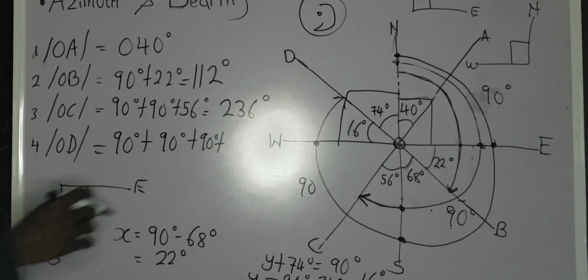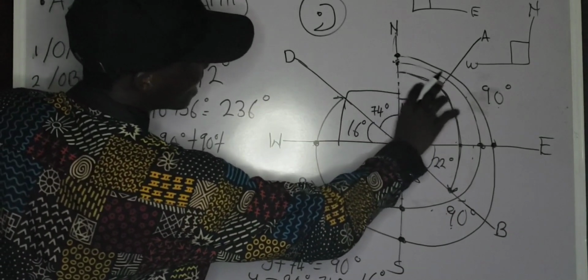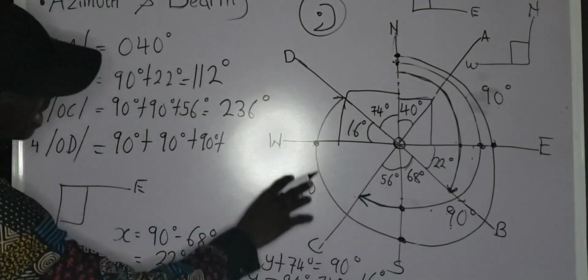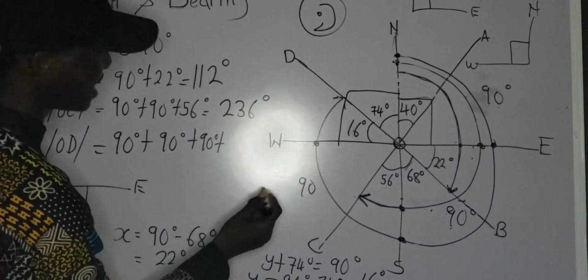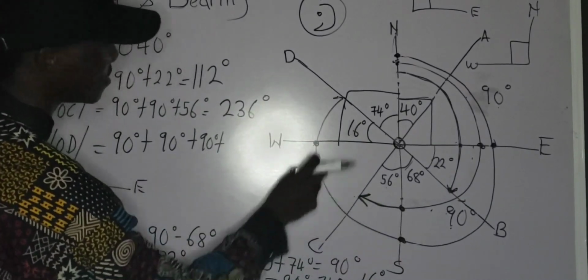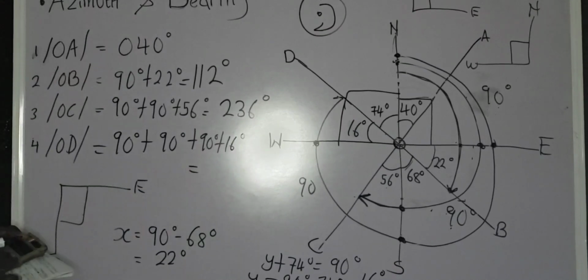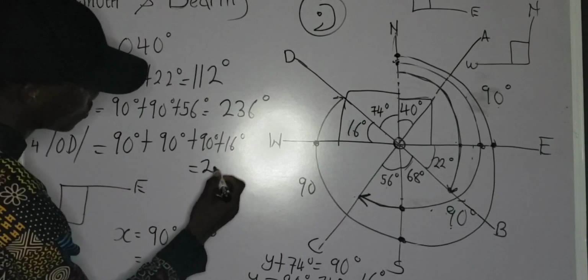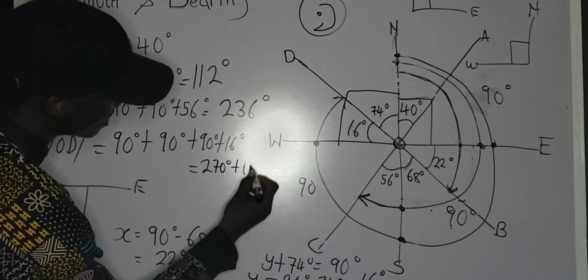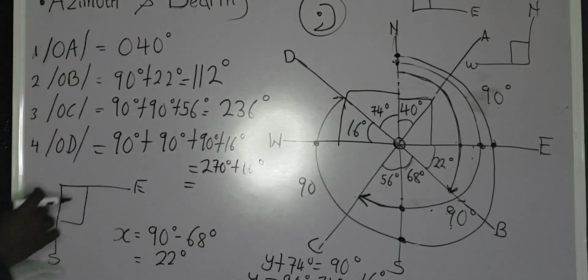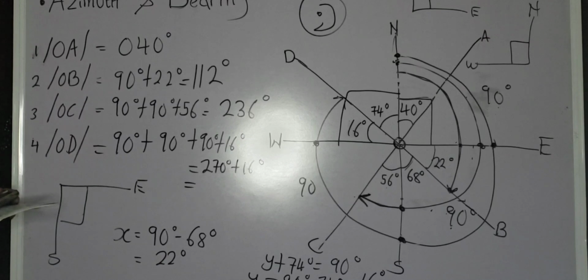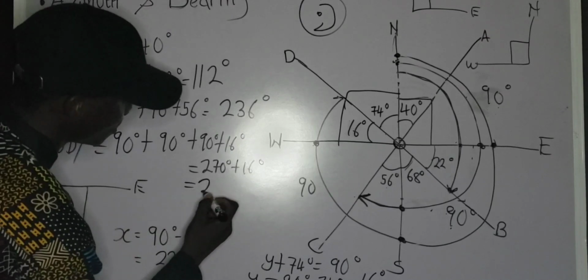When I measure this angle from here, it passes through here and gets to where line OD is. So that is 90 plus 90 plus 90 plus 16 degree. If you add this together, that is 270 degree plus 16 degree. So the azimuth of line OD is 286 degree.